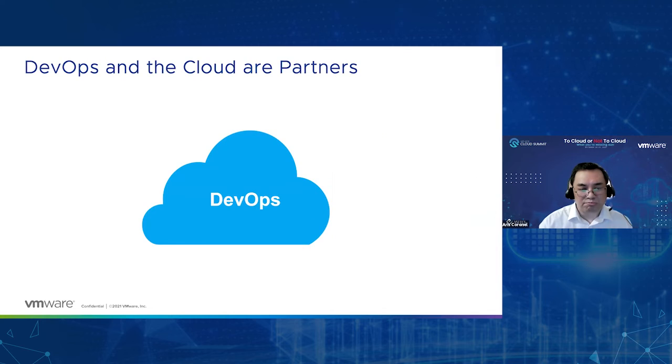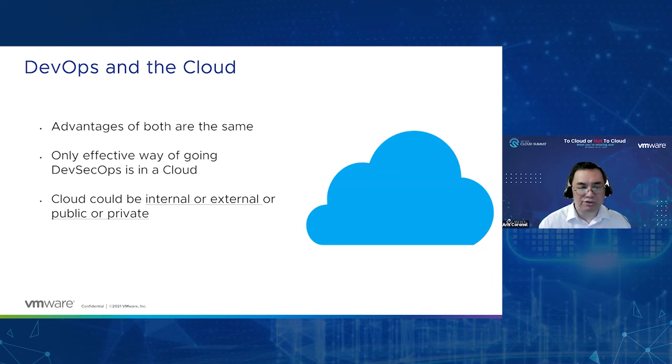So, DevOps and cloud are really partners. And to truly capture the value of either DevOps and cloud, you need to have them both. Because when you think about the advantages of DevOps and the cloud, somewhat they are the same, which is why they partner so well.